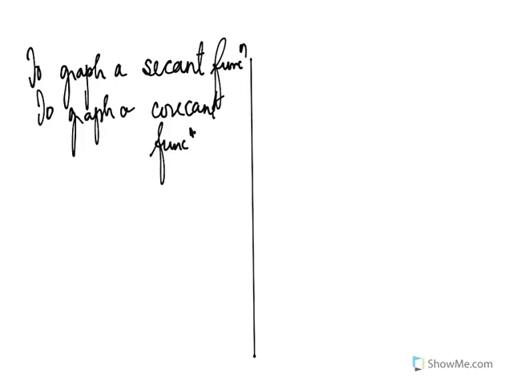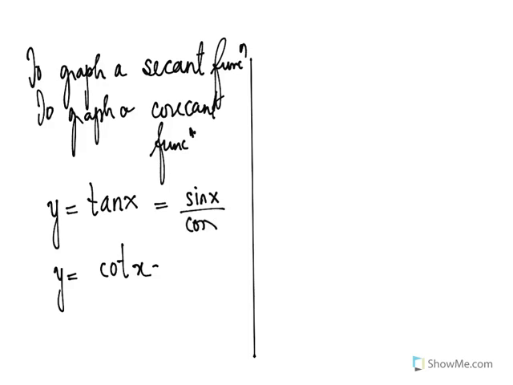Like for instance, in the last video, we were discussing y equals tangent x, and based on tangent x, we derived the graph of the cotangent function. We're going to follow almost the same procedure. For tangent, we defined tangent as sine x over cosine x, and for cotangent, it was defined as cosine over sine.